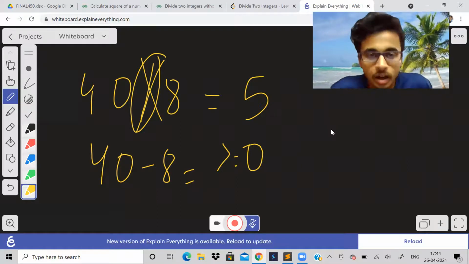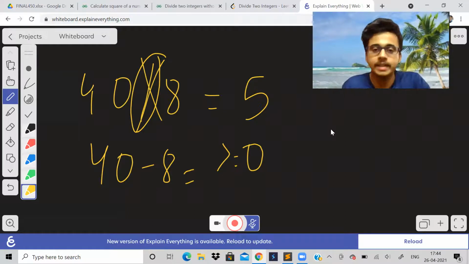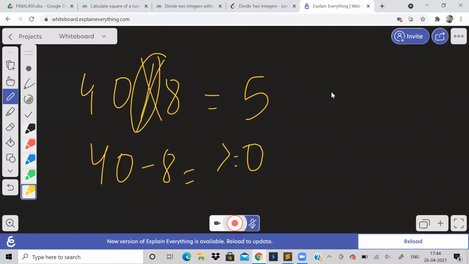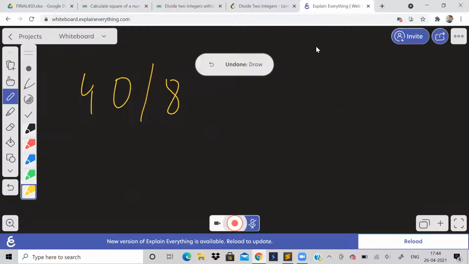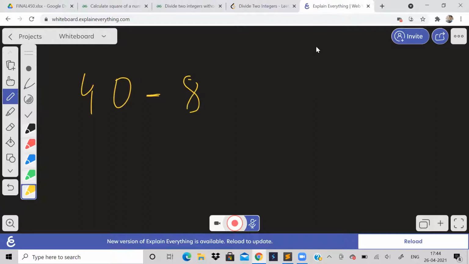To bring it to logarithmic time complexity, we should make some observation. What observation should we make?